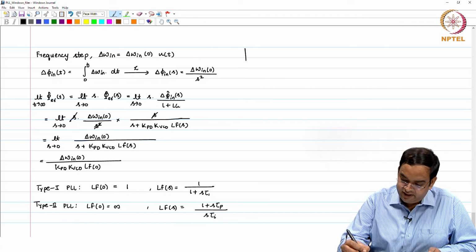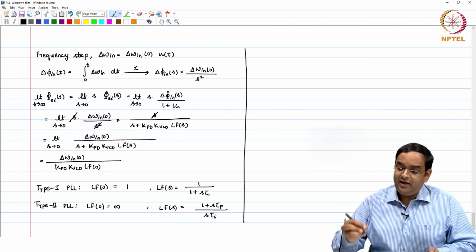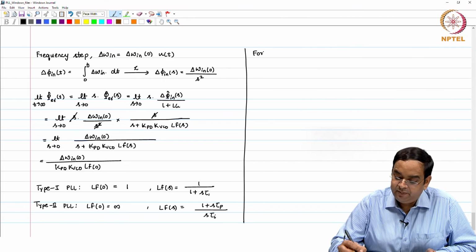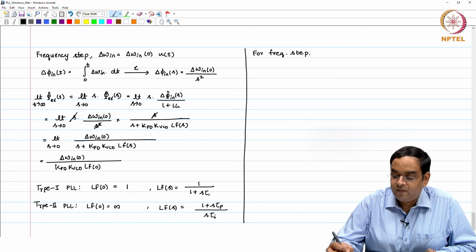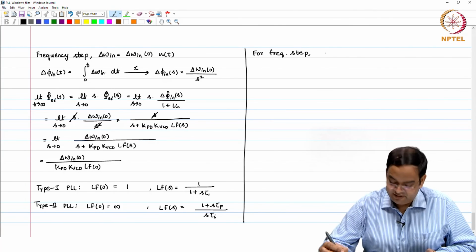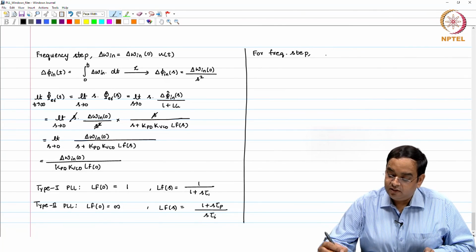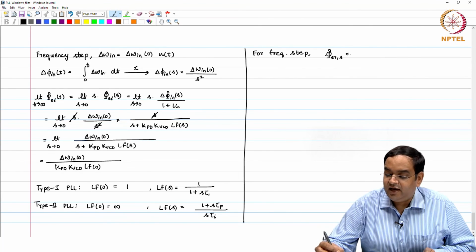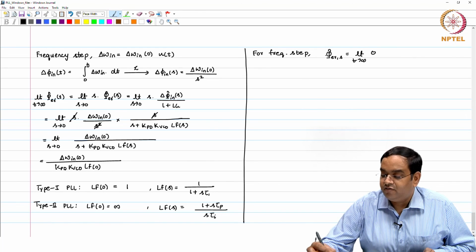If this is the case, then for a frequency step, the steady state phase error, where I am writing phi error steady state, is termed as limit t tends to infinity phi error of t. Okay.